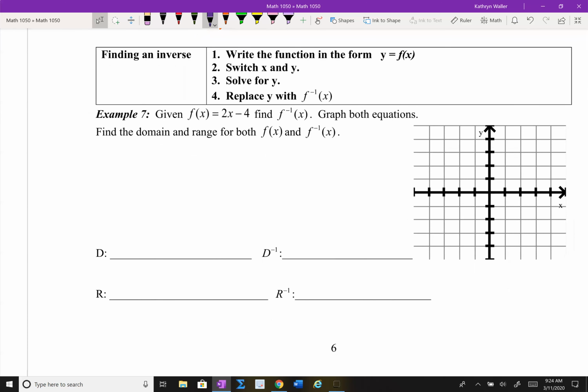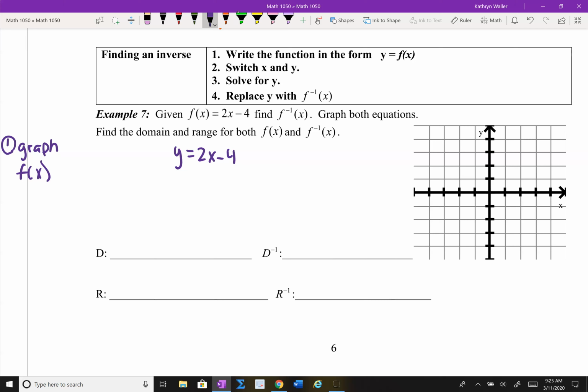For these problems right here, I'm going to give you a list of steps, okay? Step number 1, I want you to graph the original. So graph f of x. So everybody right here, write down y equals 2x minus 4. Let's graph it. Everybody tell me what that is. Is it a V? Is it a cubic? Is it a parabola?